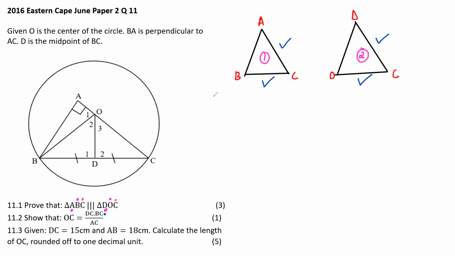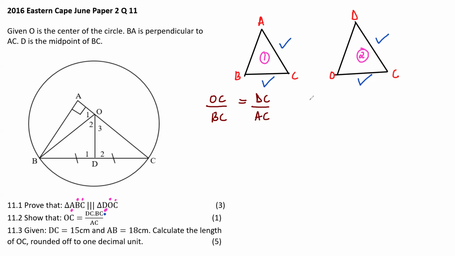In triangle number 2, I'll say OC over BC is equal to DC over AC. What's my reason?